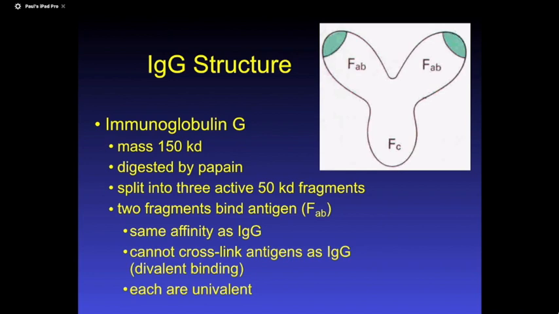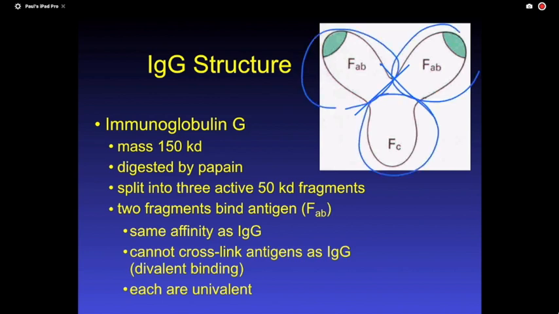The mass of an IgG is about 150 kilodaltons, about 150,000 grams per mole. I can break this with a digestive enzyme called papain, and we'll break it into 3 fragments of about 50 kilodaltons each, so you get 3 regions when it gets broken down.